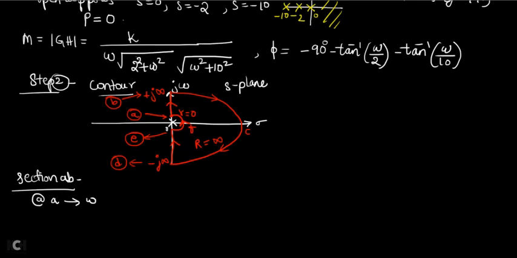Section AB you take. For section AB, at point A, what is omega value? See, at point A, if the radius of this small circle is tending to 0, then I can tell this point A is approximately origin only. So remember, always for any problems you have to take the point A also as 0.